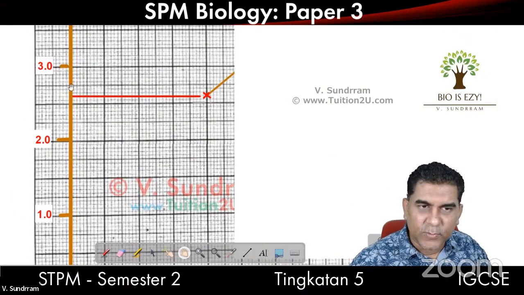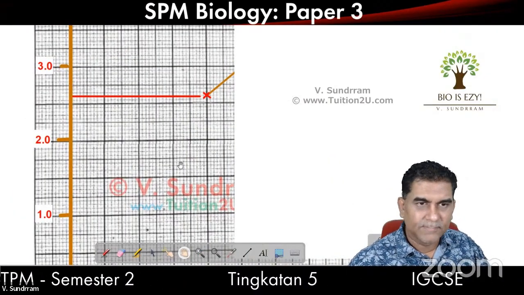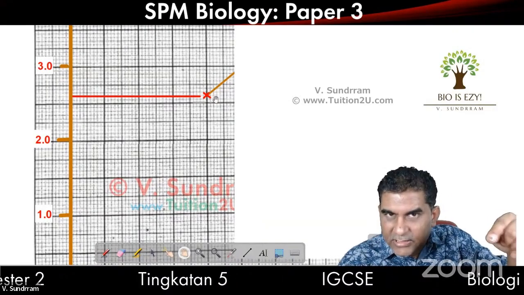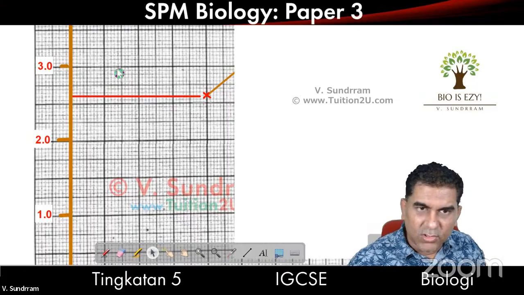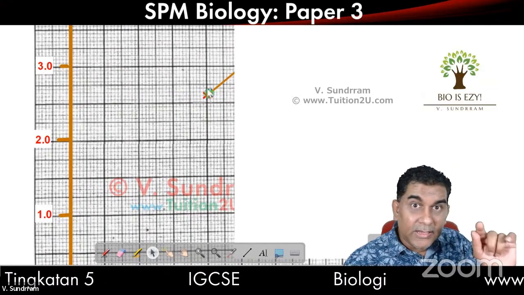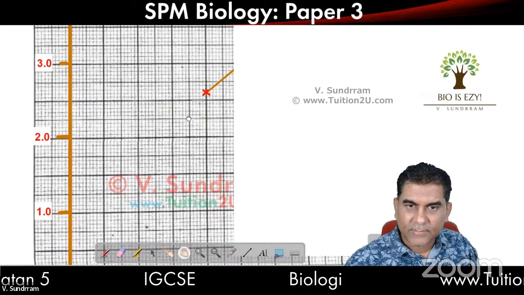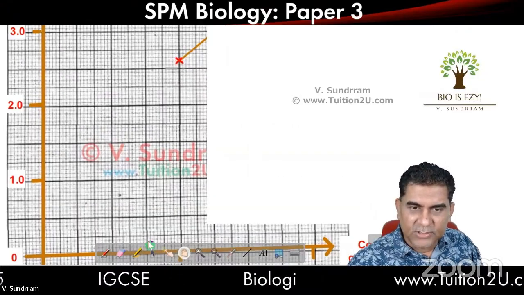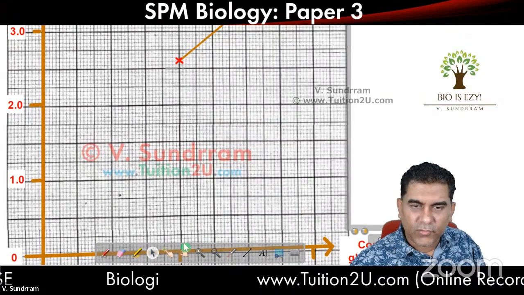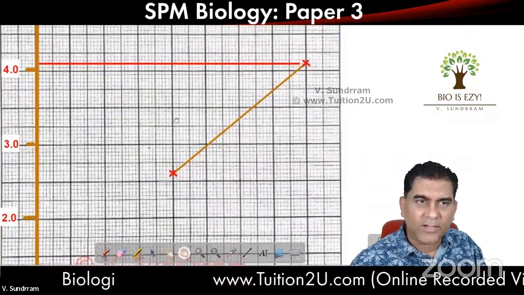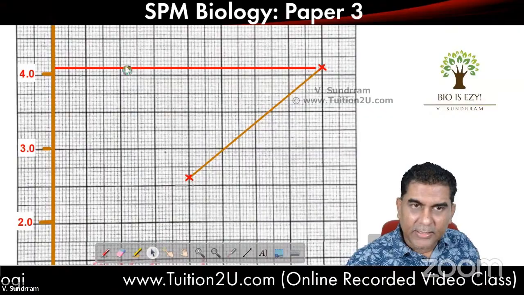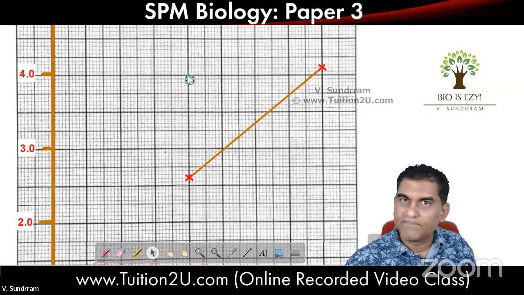The value 2.6 is somewhere here. And this is the intercept. I already labeled it. You don't have to draw this. I'm just showing you how to get this intercept. That is for 5%. Now for the 10%, I should get 4.1. Again, I just draw a line to make sure I get the correct one. And then I just remove this, it is not needed.